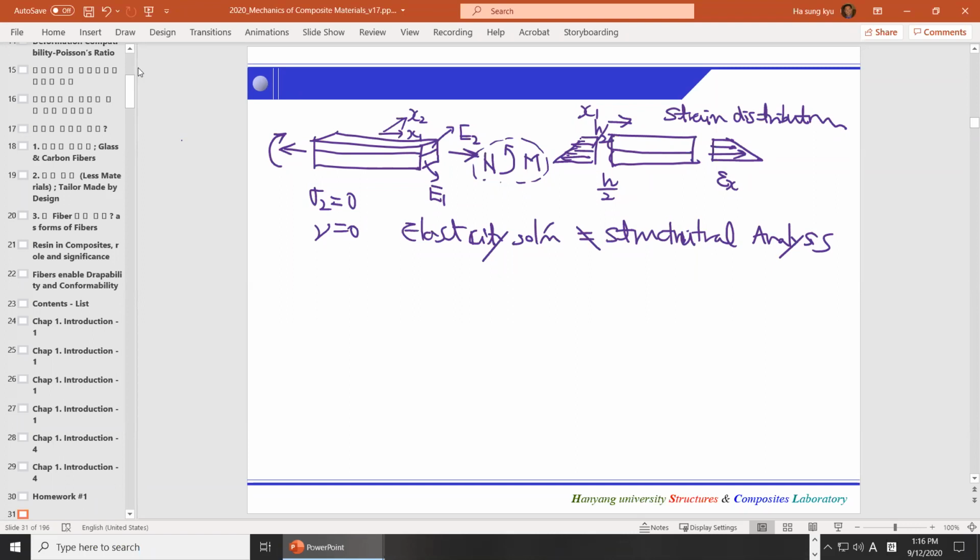Elasticity solution is based on the equilibrium equations, three equilibrium equations, and 6 stress-strain relations and 3 compatibility equations.